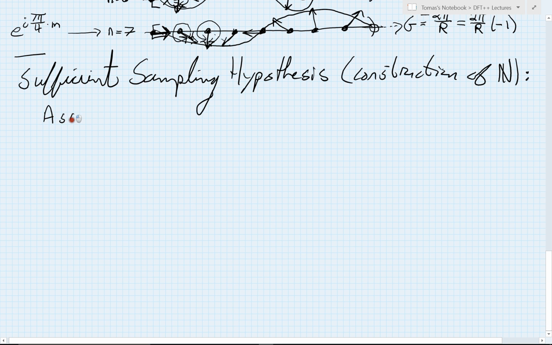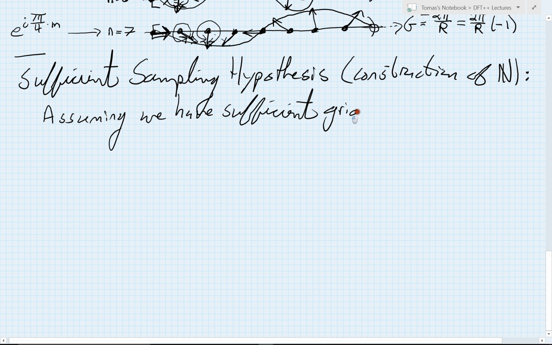Assuming we have sufficient grid points S, right? I mean, when we do a calculation, I expect that we're going to be responsible about it, and we're going to put down a sufficiently large number of grid points that we can resolve the problem.